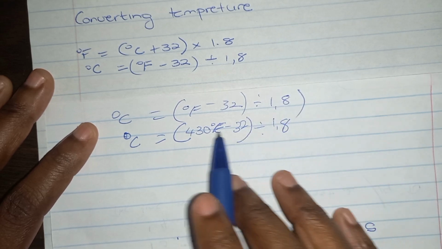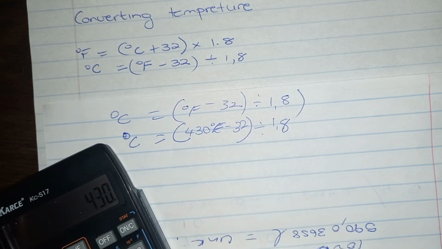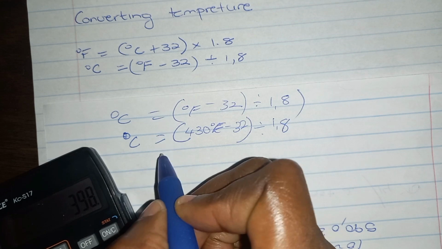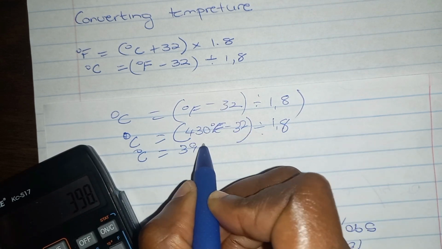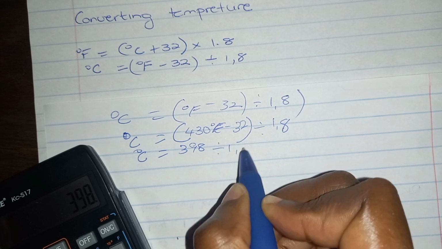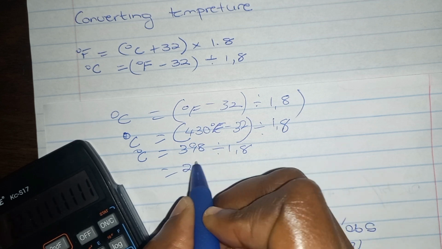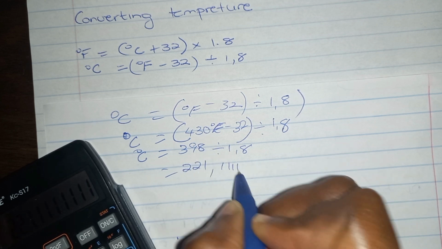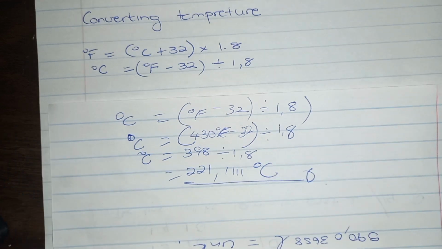So we're going to start by subtracting inside the brackets, which is 430 minus 32, and that is 398. 398 divided by 1.8, and we get 221.111 degrees Celsius, which will be the temperature we will set our stove on.